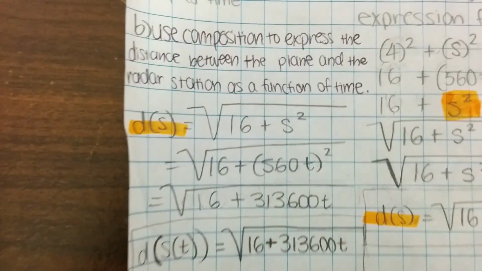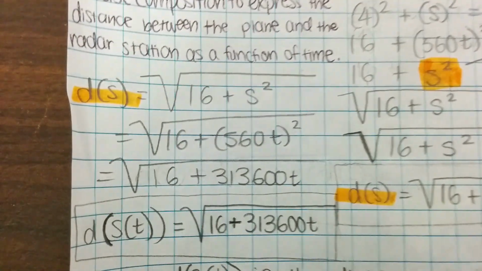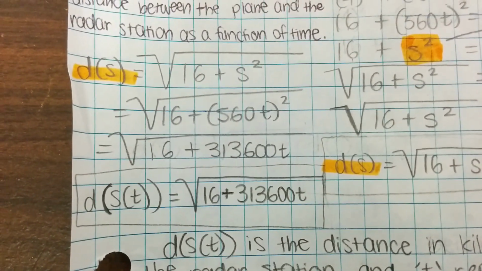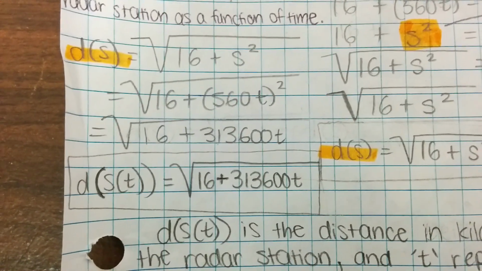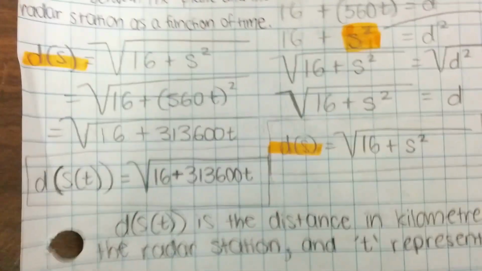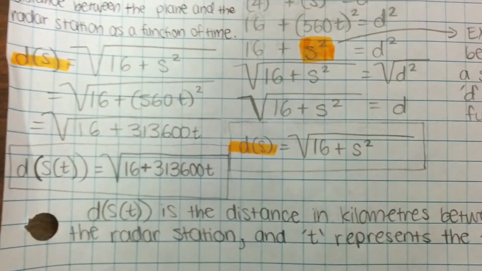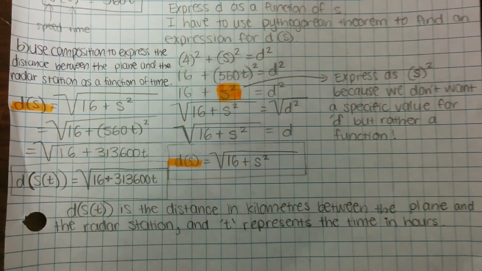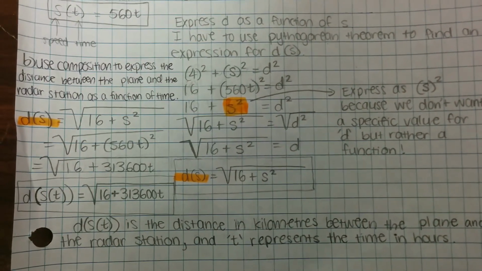So I plugged that into s, and I got the square root of 16 plus 313,600t squared. So therefore, d of s of t is the distance in kilometers between the plane and the radar station.